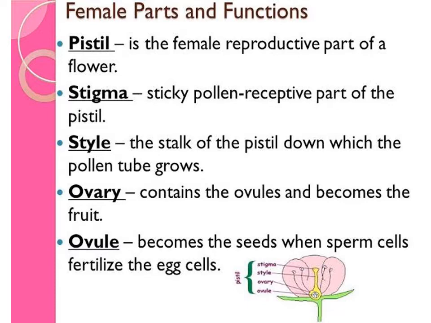And the pistil, the female flower part, plus accessory parts and sepals, petals and nectar glands. So these are all important for the plant flower parts. So the female parts is main, pistil, stigma, ovary.